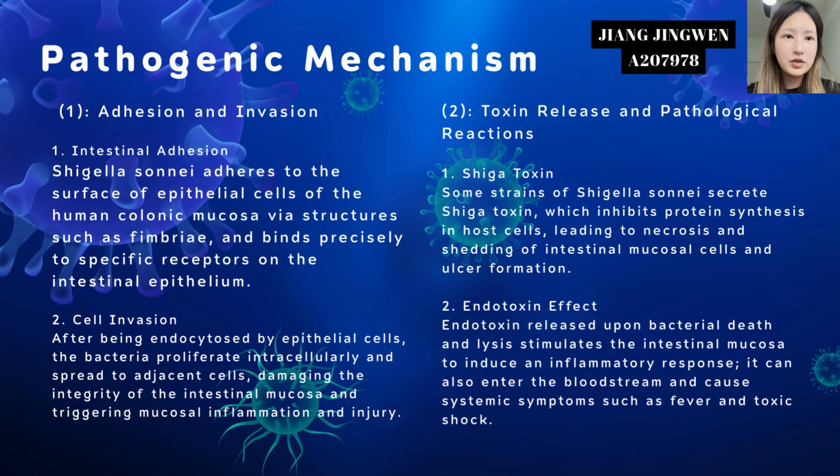1. Intestinal adhesion. Shigella sonnei adheres to the surface of intestinal cells of the human colonic mucosa via structures such as fimbriae and other adhesins to specific receptors on the intestinal epithelium. 2. Cell invasion.